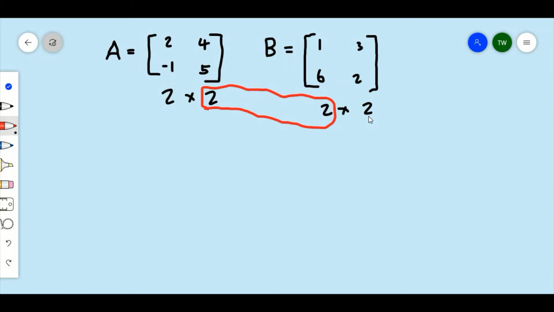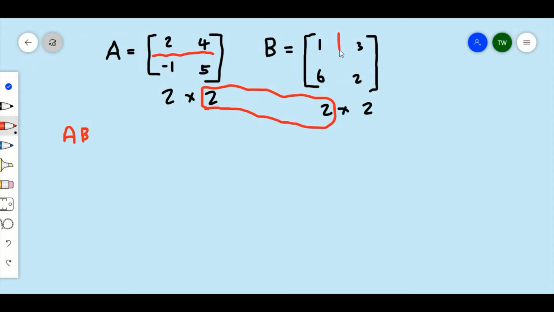So let's go ahead now and find AB. So we're going to determine A times B. And AB here means A times B. Now, it is the row times column. That's how we multiply matrices. So let's divide this up into rows here. Draw a line here, you can see row 1, row 2, and let's divide this up into columns.